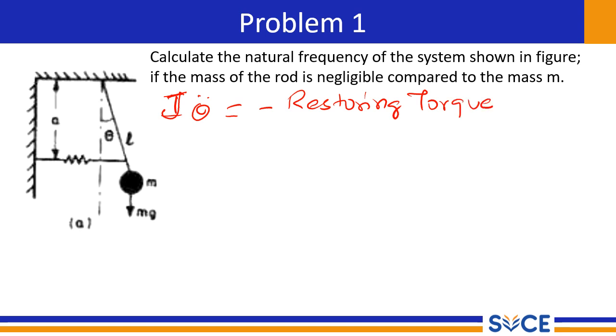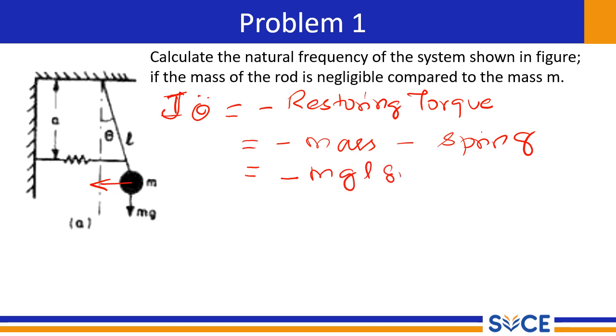Let me find out what the restoring torques are. The first torque is due to the mass component, and the next one is due to the spring component. We already discussed the formula for the mass component, which is pulling the pendulum to the mean position, which is minus mgl sine theta.